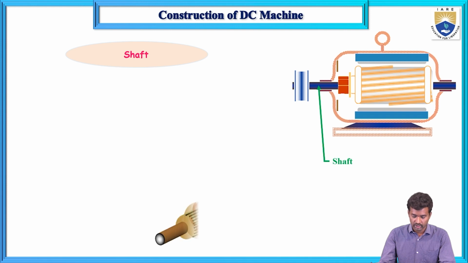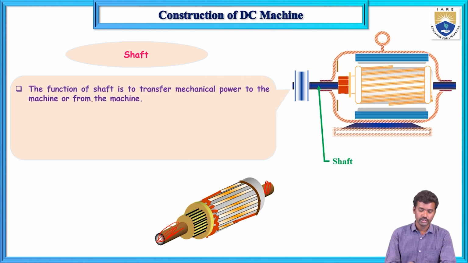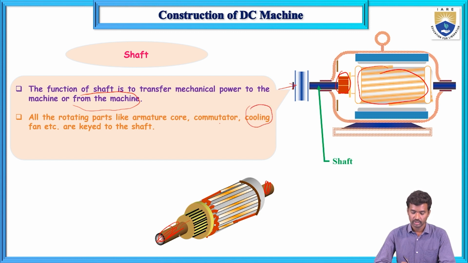The function of the shaft is to transfer mechanical power to or from the machine: from the machine means motor, and to the machine means generator. All rotating parts are keyed to the shaft.